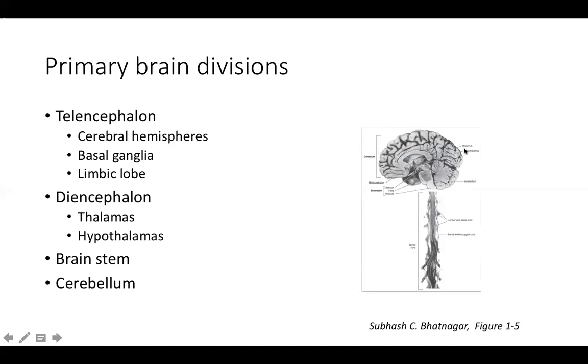The telencephalon is mainly the two cerebral hemispheres, as well as the basal ganglia and the limbic lobe, which is a combination of a few different regions of the brain that we'll discuss a little bit more later on. The brainstem is made up of the midbrain, the pons, and the medulla. So it's this section here.